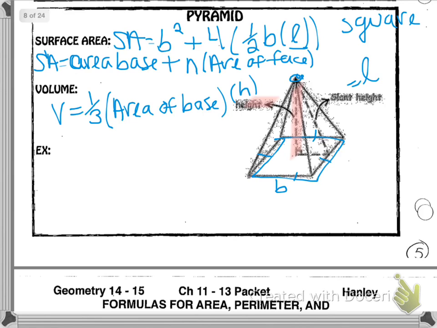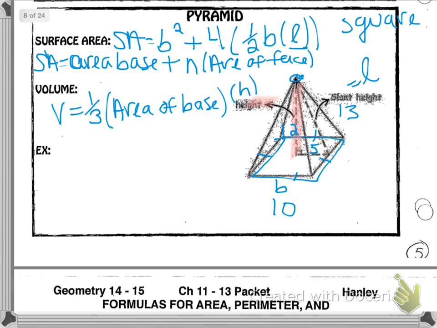Okay, so that may help you sort of visualize what we're finding here. So we're going to stick with the same types of numbers that we had for the cone. If I say the base is 10, and that makes this portion inside 5, I know that my height could be 12 and my slant height could be 13 there.